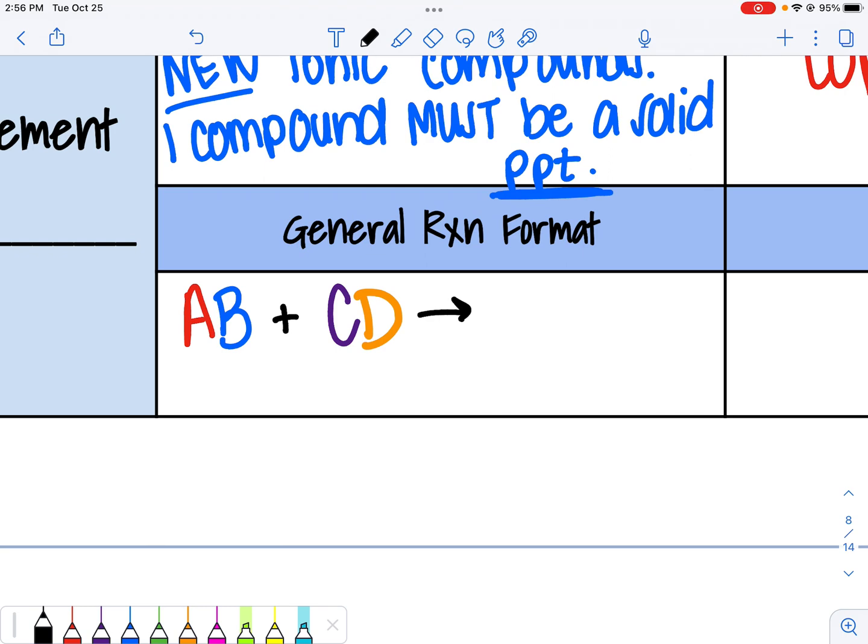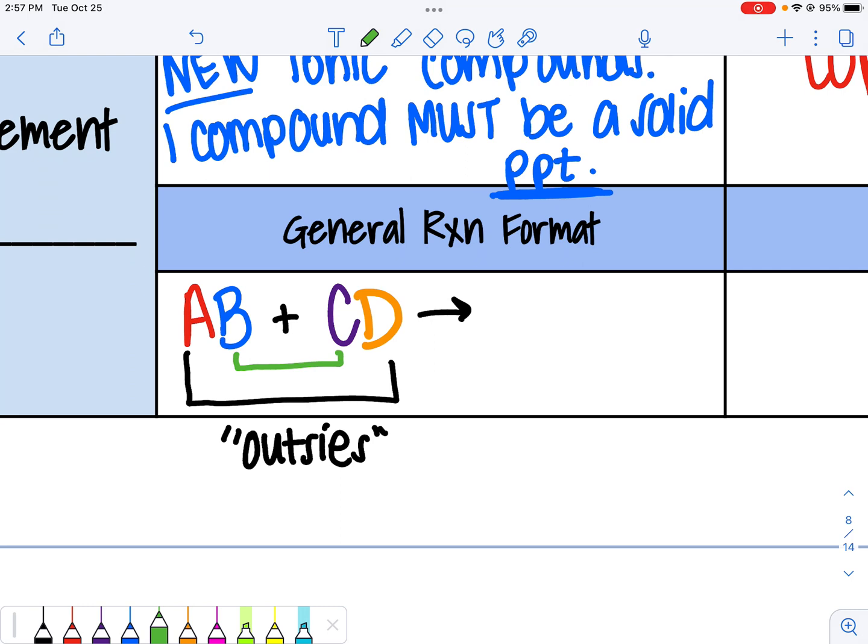So here, A represents a metal, D represents the non-metal from opposite compounds. These are your outsies, because they're on the outside of the reaction. B represents the non-metal from one compound, and C, the metal from the other compound. So these two things will want to bond. They are your INZs.